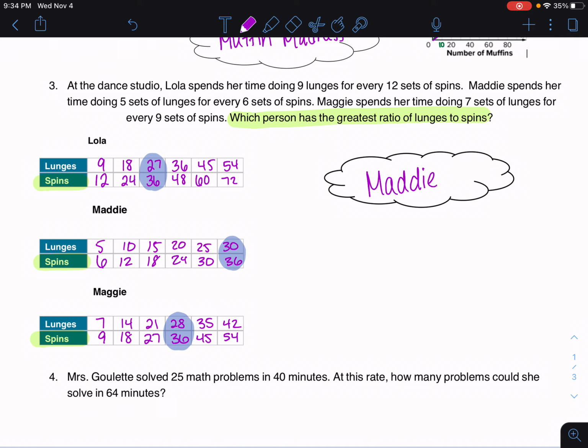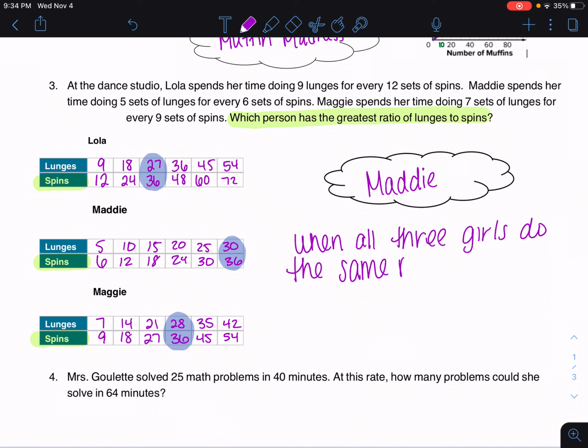So when we talked about this initially in class, we said that when all 3 girls do the same number of spins, Maddie is the one who does the most lunges.